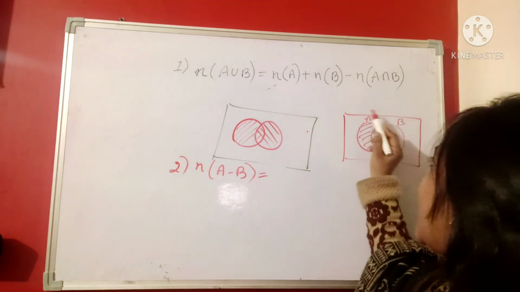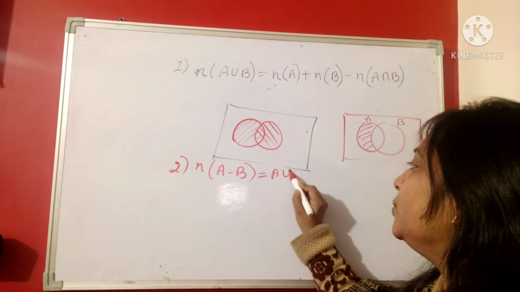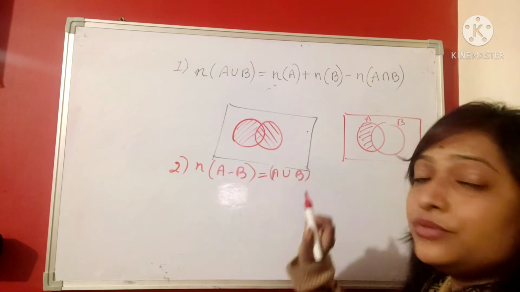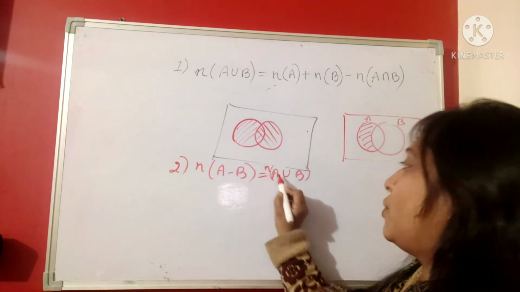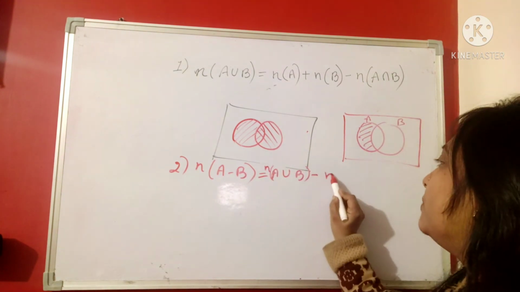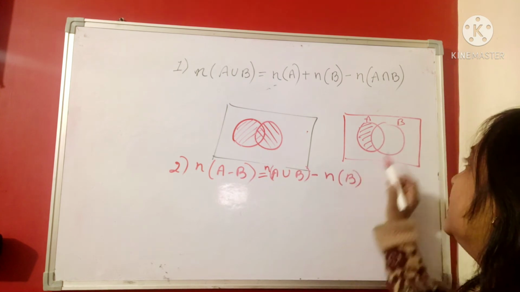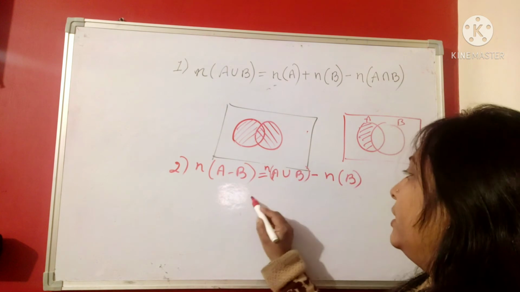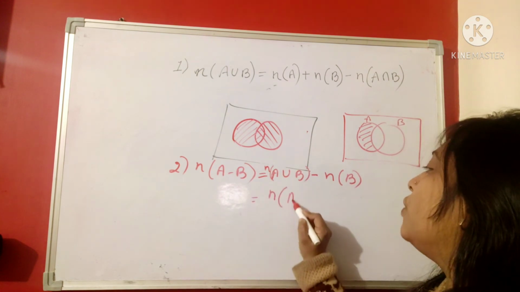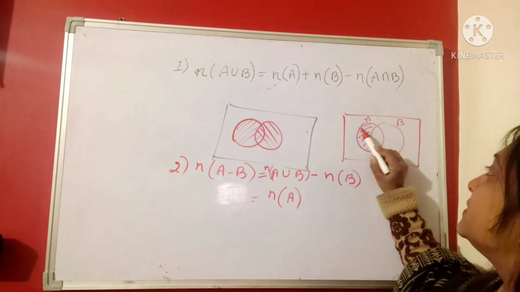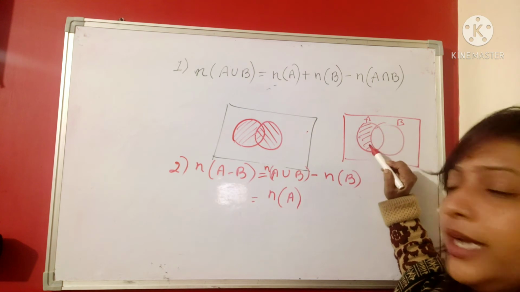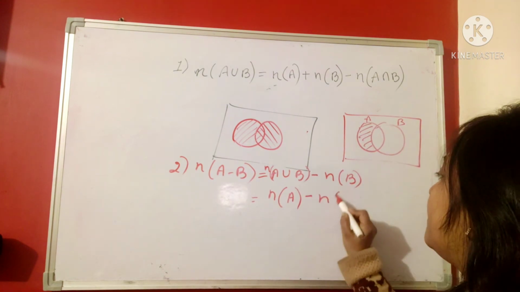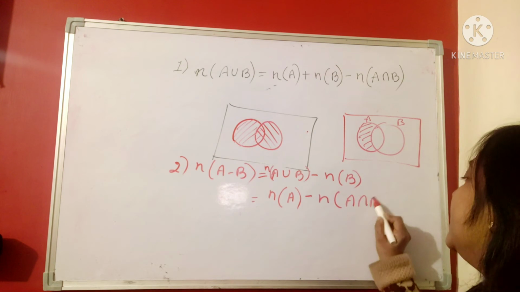So either from the cardinal number of A union B we will subtract the cardinal number of B, then we will get the answer. Or another way: if we have the value of the entire A, from that we will subtract the cardinal number of the intersection.